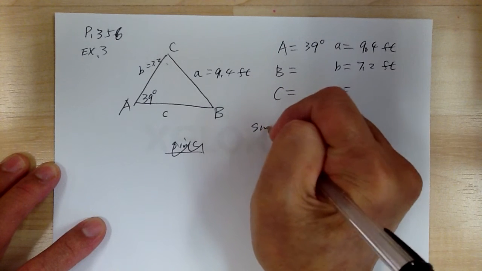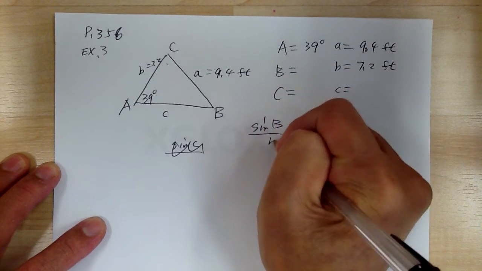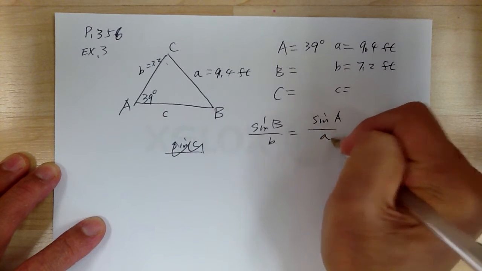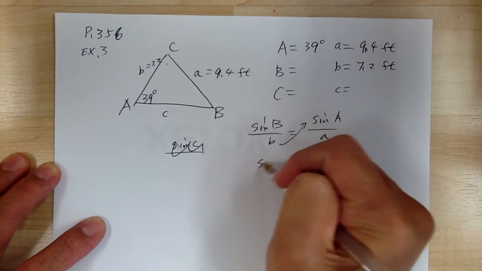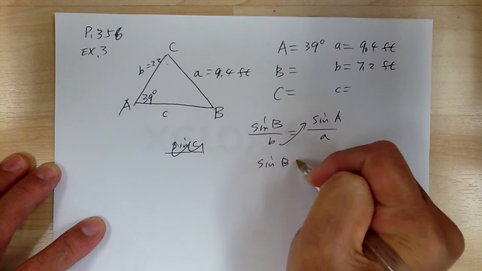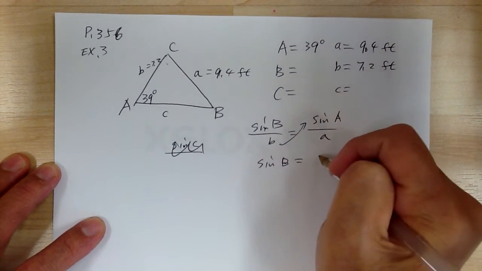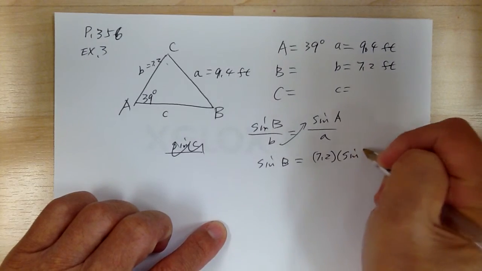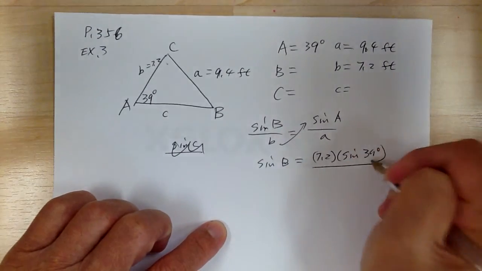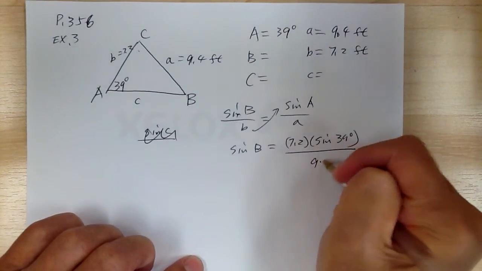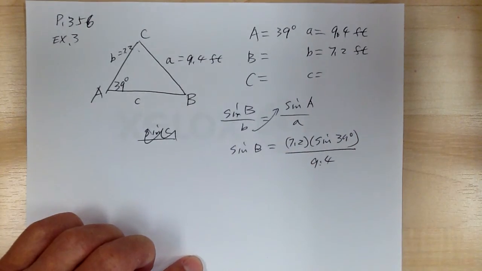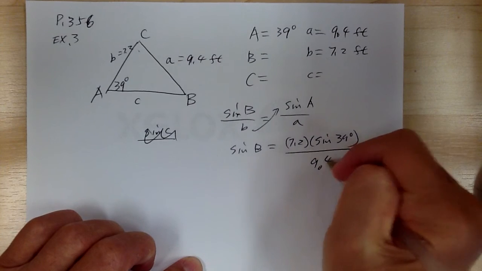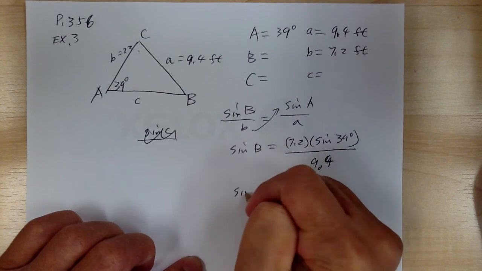So let's do sine B over b equals sine A over a, and move the b over here. So sine B equals 7.2 times sine of 39 degrees over small a, which is 9.4. Get your calculator.